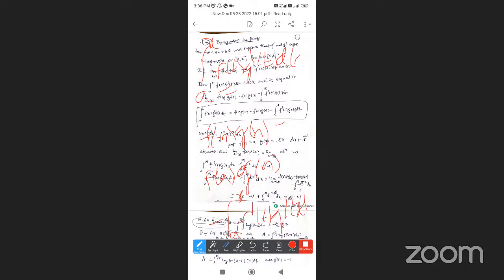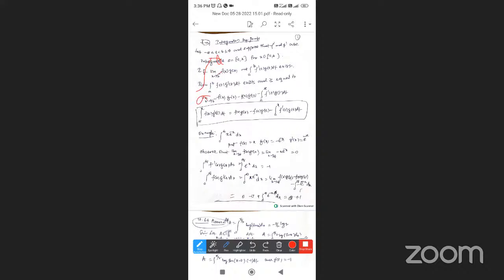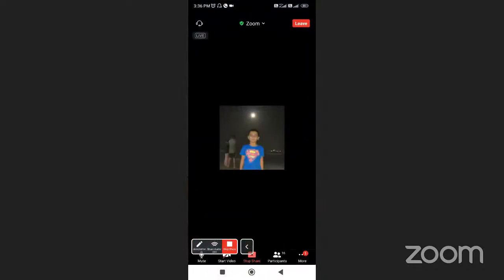When two parts are given, what happens: this is the integral of f of t into g dash of t into dt, like this. First the upper limit, what is the upper limit? f of x into g of x. Can you hear the voice? Clear, sir. Okay, no problem.